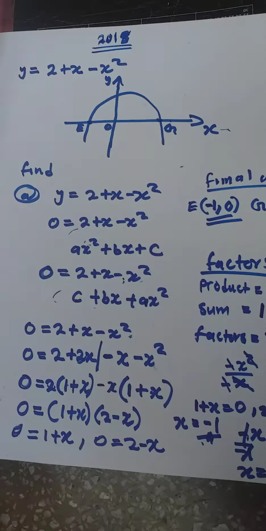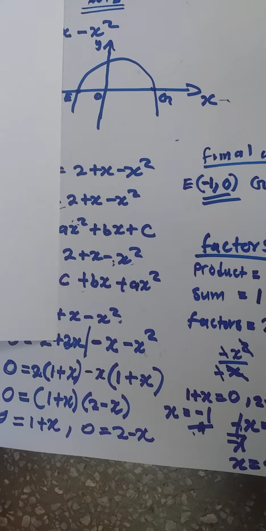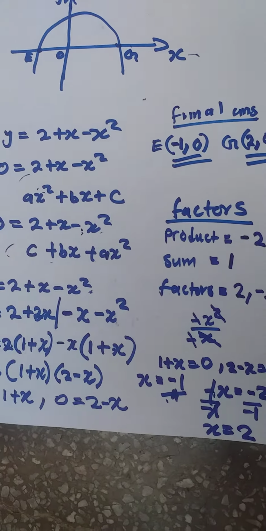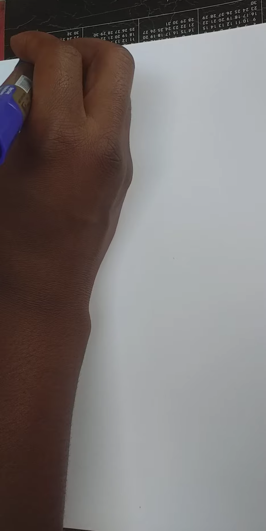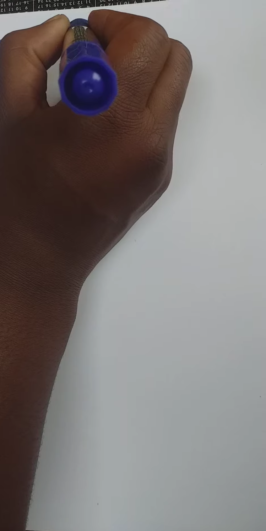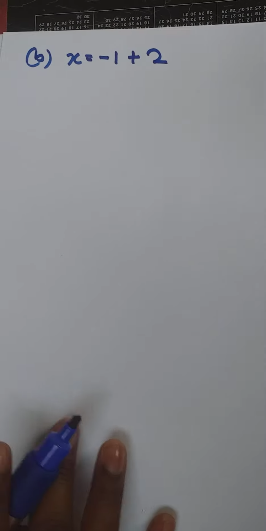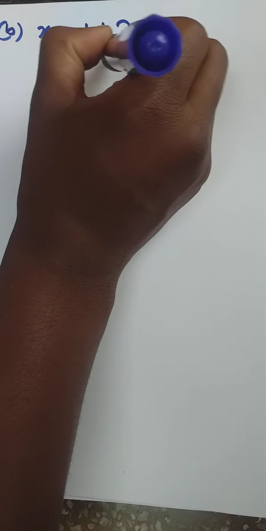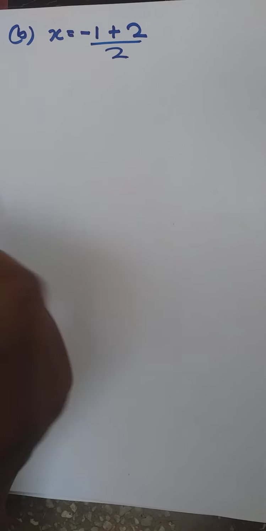Remember, the values of x that we found were negative 1 and 2. First we need to find the value of x for the turning point. So for part B, x is equal to, we found one value where the curve is cutting the x-axis to be negative 1, the other one to be 2. So you add them and divide by 2. That's how you find the value of x for the turning point.